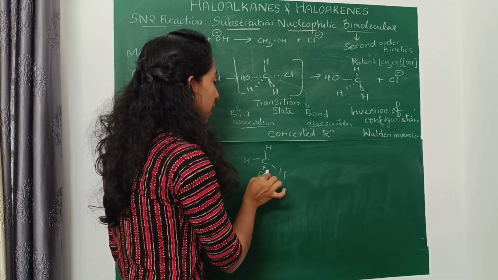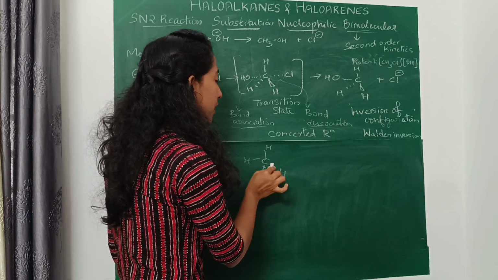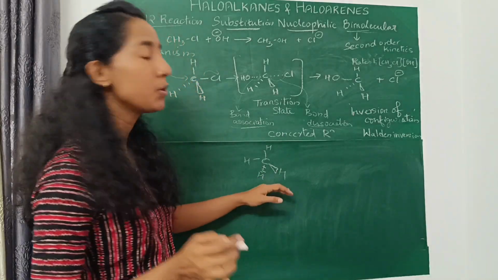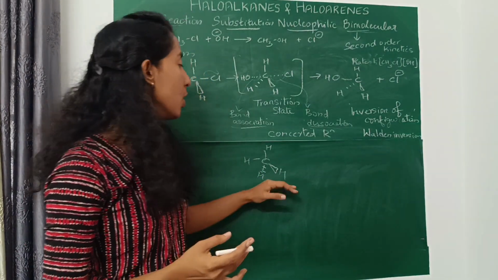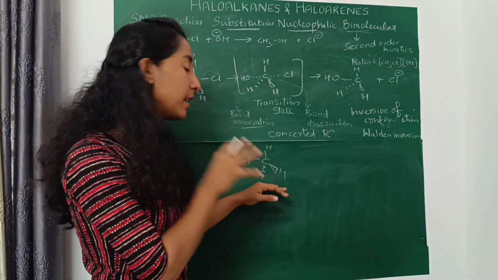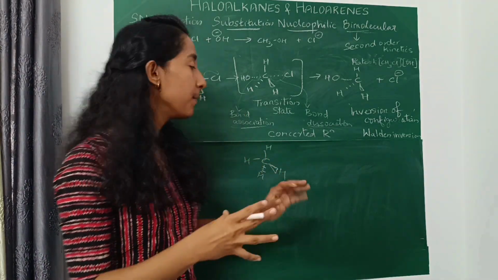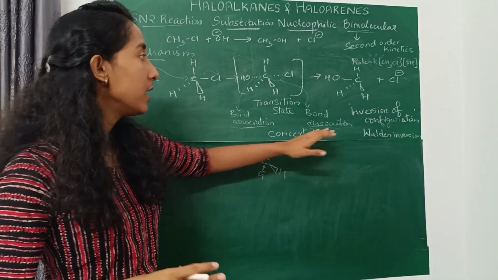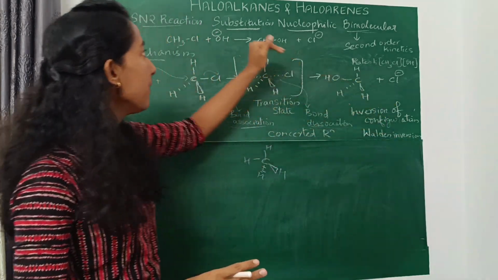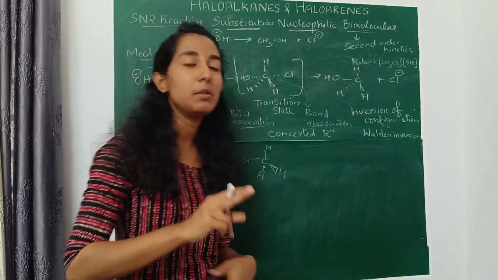In some cases, you have the wedge representation. This is a wedge representation, this is a dash representation. It shows the spatial arrangement of atoms. So configuration is how the atoms are arranged spatially around the central carbon. Here there is an inversion of configuration in case of the SN2 reaction. In SN1 it was a racemic mixture.